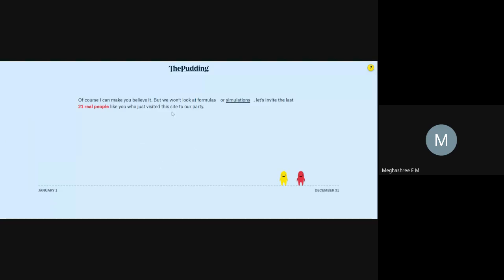You can see here, let's enter 21 real people. Is it visible to everyone? Yes, ma'am. You can see here the other 21 people are entering the room, I mean, the birthday party.